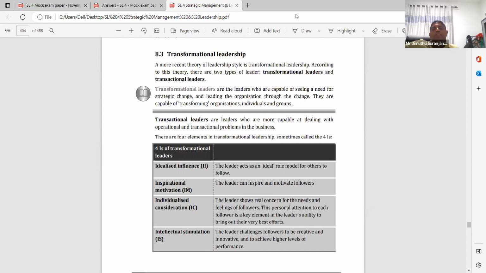So there are 4 I's: idealized influence, individualized consideration, inspirational motivation, intellectual stimulation. Idealized influence means the leader acts as an ideal role model for others to follow.